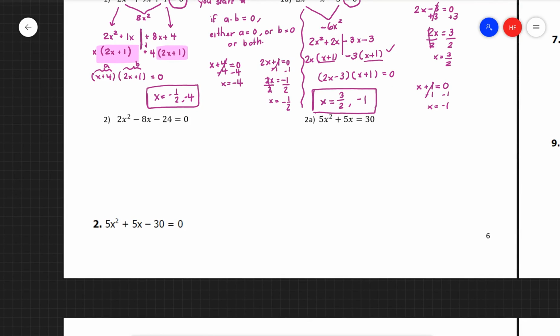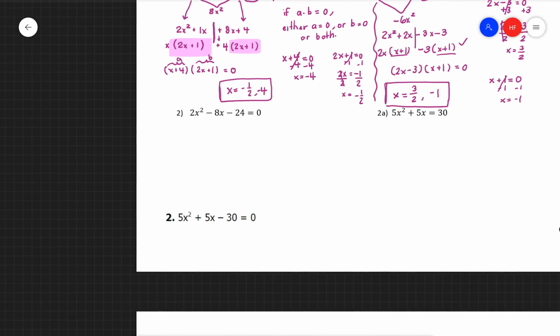Then on number 2, we have 2x squared minus 8x minus 24 equals 0. So what I'm going to do is multiply first and last term. Oh, I see something.